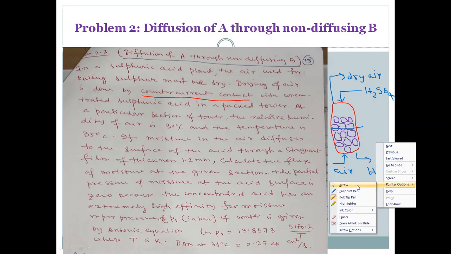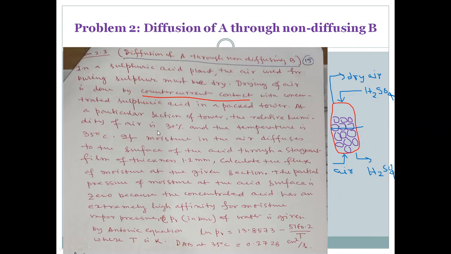So this is the condition: 30% relative humidity and a temperature of 35 degrees centigrade.